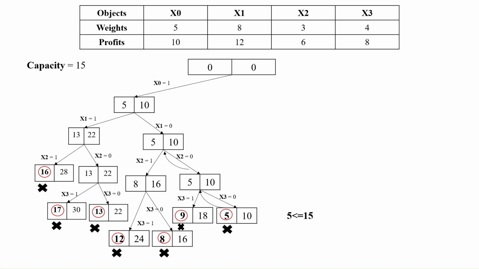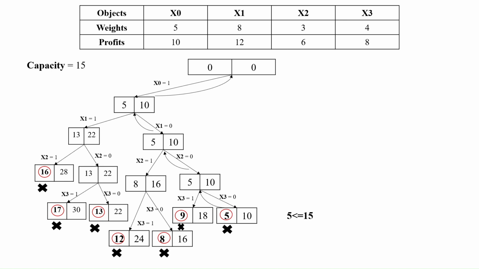After backtracking, the completion of two child nodes is also done, that means considering the x2 object and not considering the x2 object, both have been done. Again we have to backtrack to its parent node. Again we can observe that both considering the x1 object and not considering the x1 object have been done. Again we have to backtrack to its parent node, that means to the root node now.